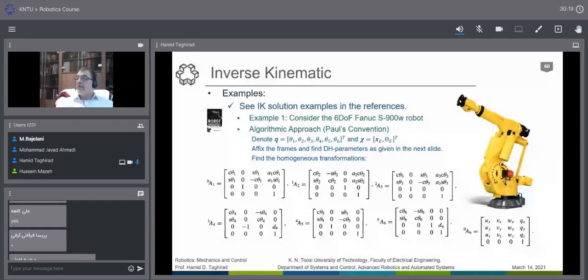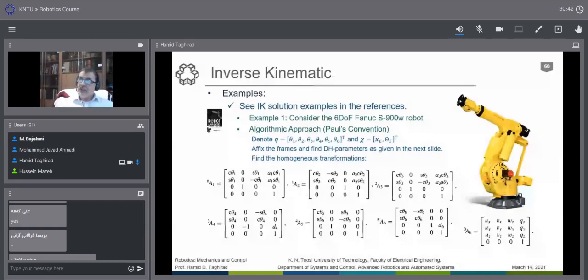Keeping that in mind, we can use the Denavit-Hartenberg method, as we mentioned here, with the Paul convention. We can find theta 1 and Z0, as you see here, and Z1, and then we have Z2, Z3, Z4, and go ahead from there.